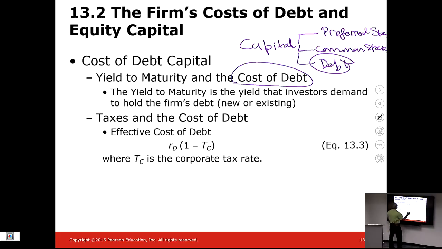So what will be the cost of debt? The cost of debt, RD, is essentially the yield to maturity on the debt. That's the market yield, because remember what yield to maturity is.